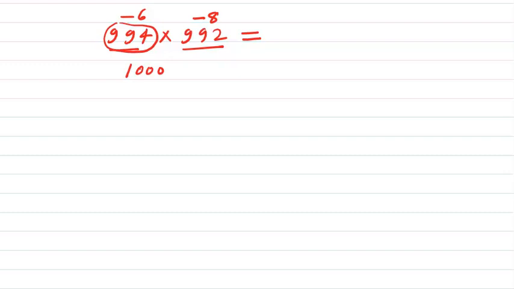So if I subtract -6 from 992, I will get 992 minus 6, right? That is what my left hand side is. And what will be my right hand side? My right hand side will be -6 into -8. So if I subtract this, I will get 986.